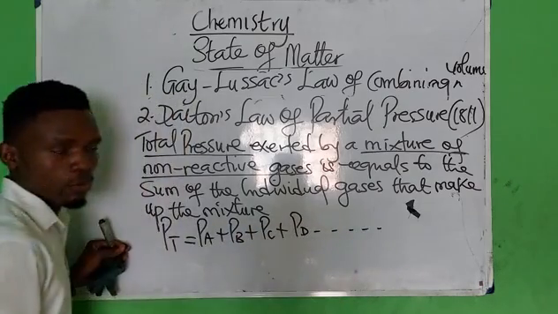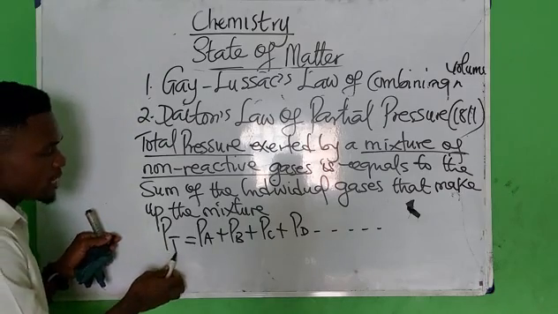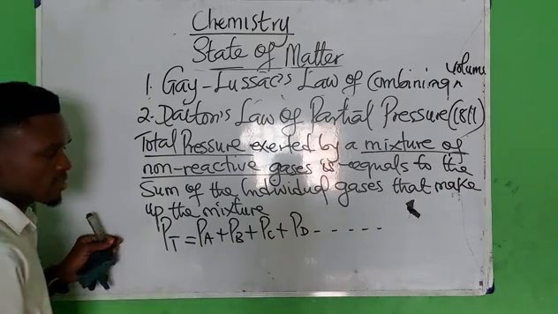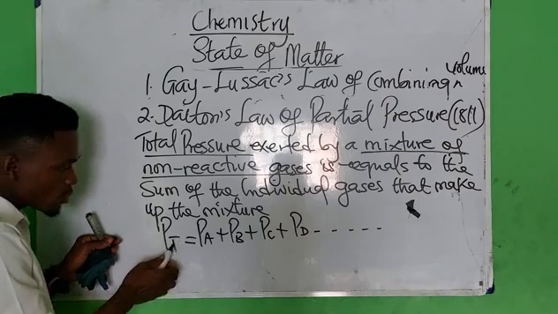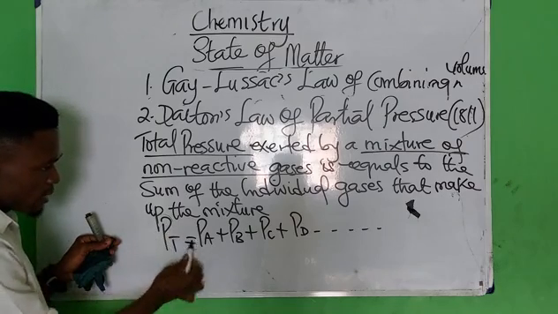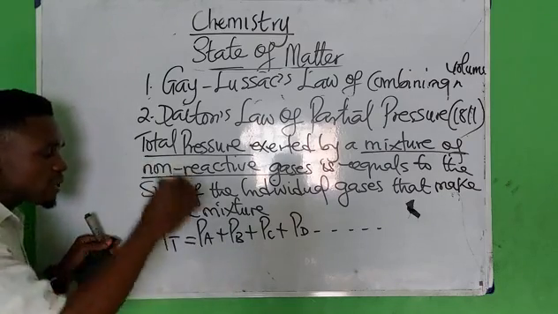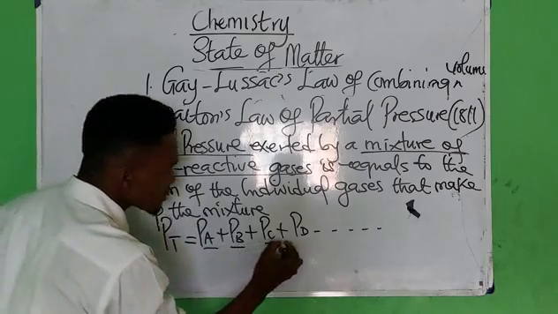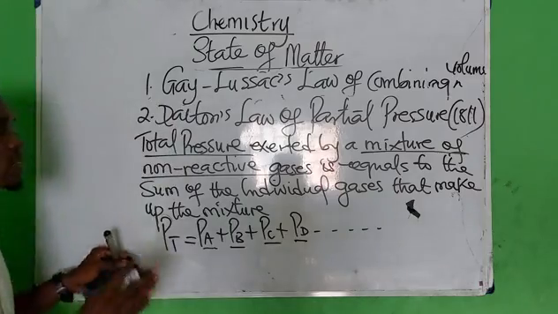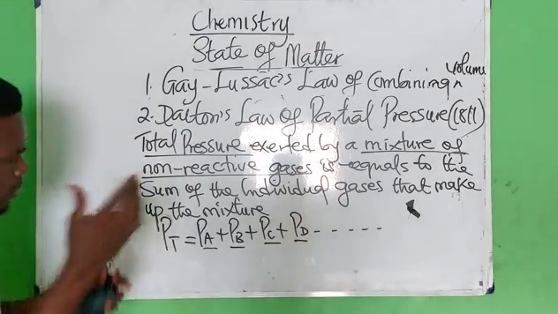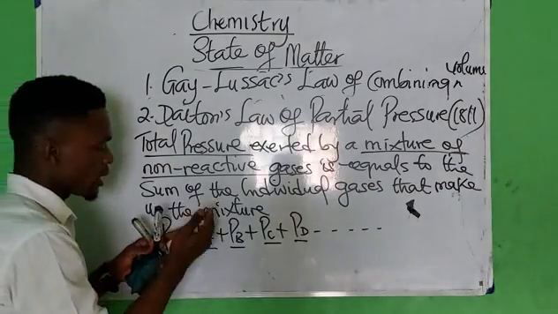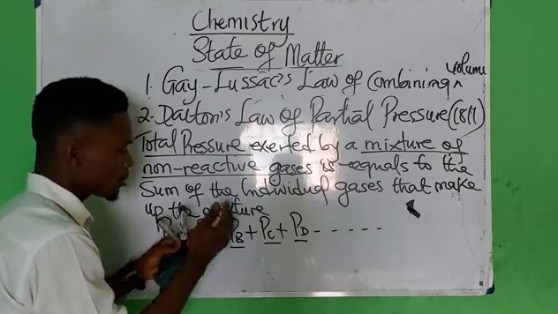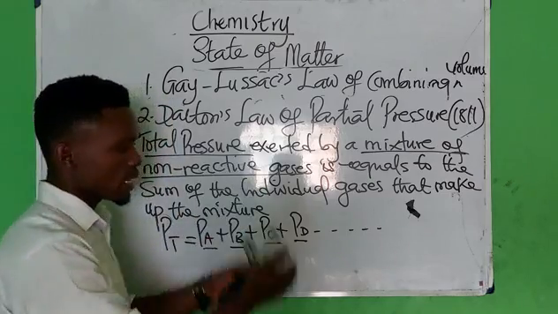It means that the total pressure exerted by these gases is equal to the sum of the individual gases that make up the mixture. That is all about this law. PT equals gas A plus gas B plus gas C plus gas D.